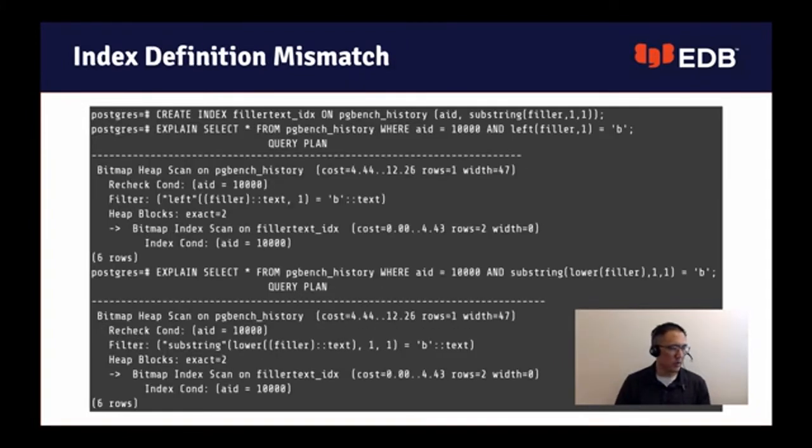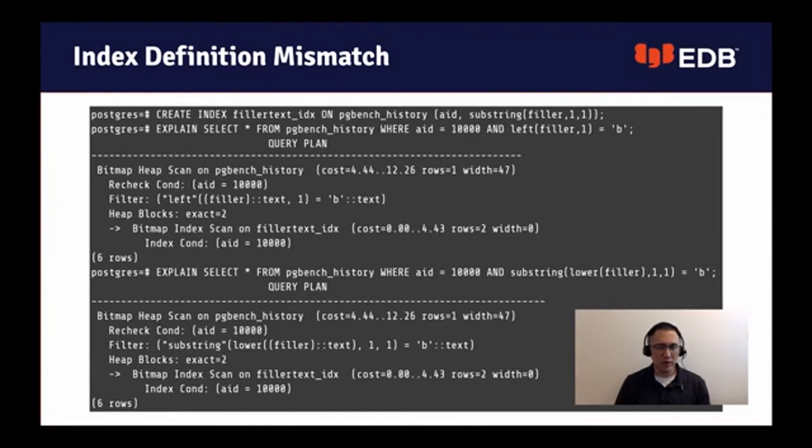Another way that Explain can help you is by showing you how it interpreted the where clause. The way that you write the where clause will actually affect whether the Postgres query planner will choose to use an index or not.